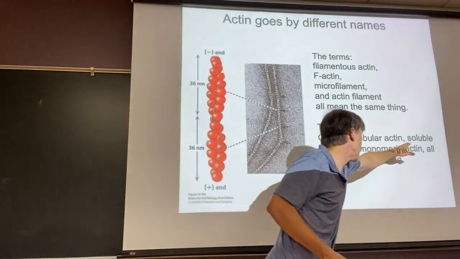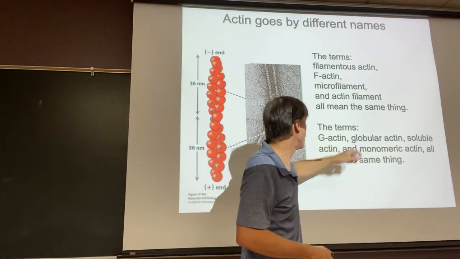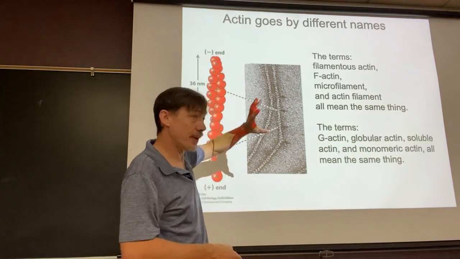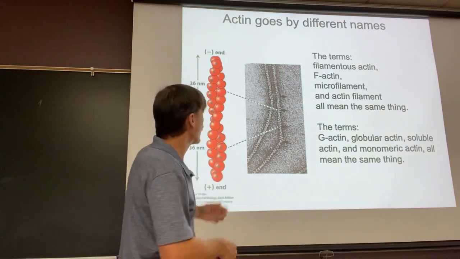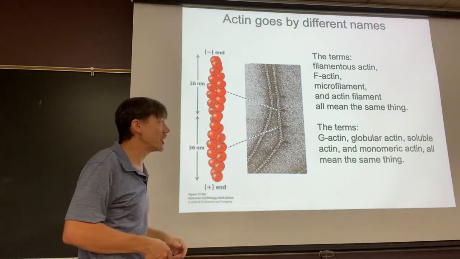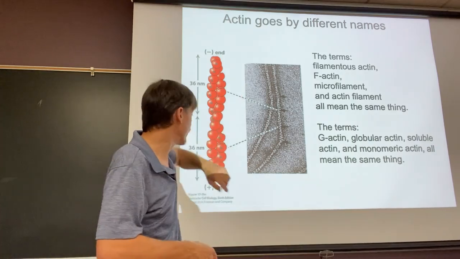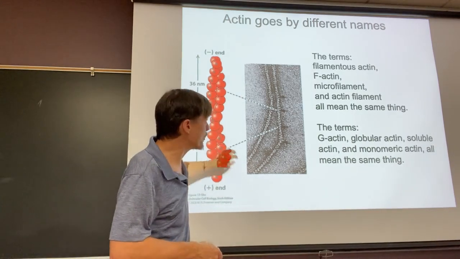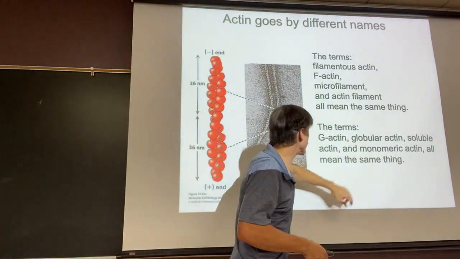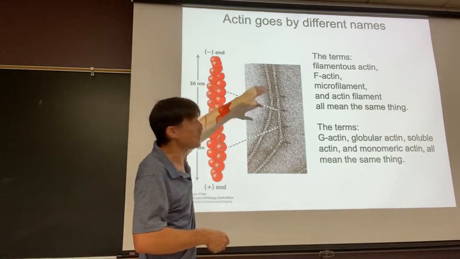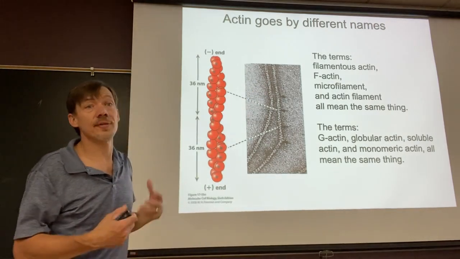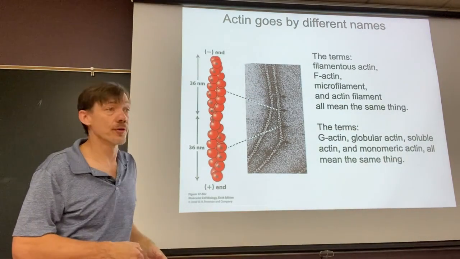So very often that would be called soluble actin, or globular actin, because they make these little globes, abbreviated very often G-actin, and monomeric actin. They all mean the same thing. So these are different names for the subunits, and these are different names for the filaments, and they get used pretty interchangeably.